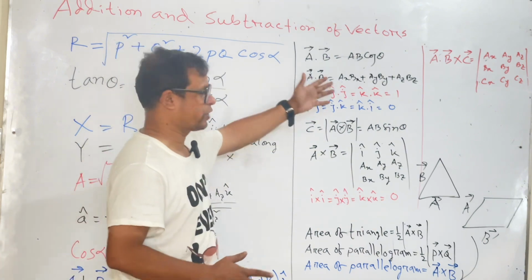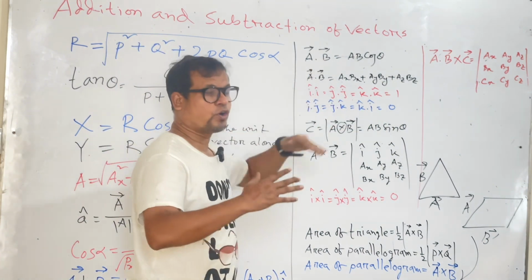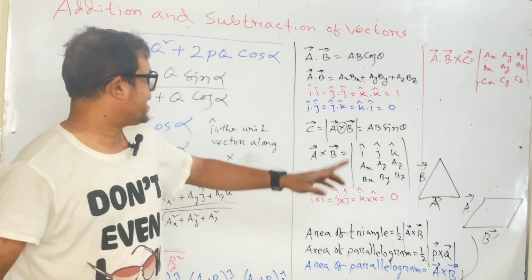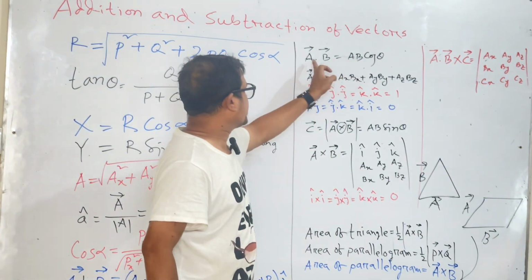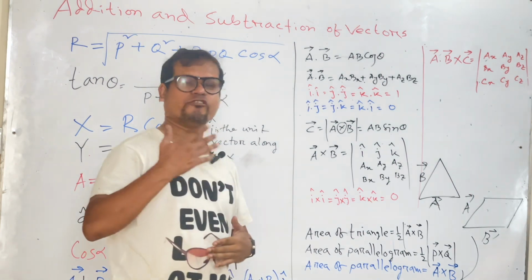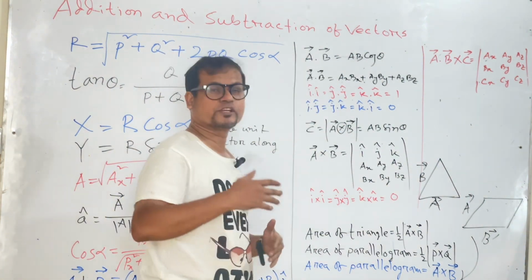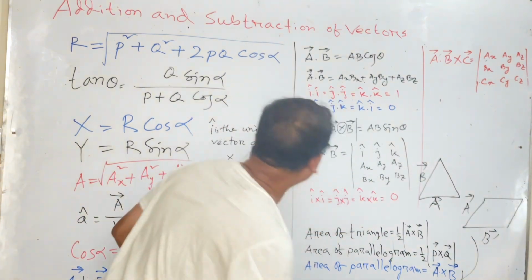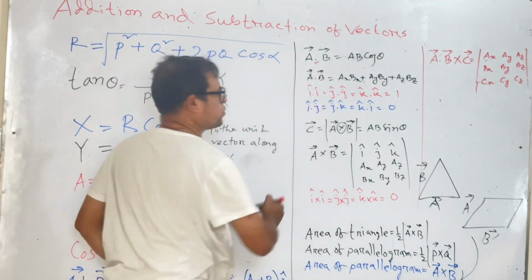Now the dot product: a vector dot b vector equals ab cos theta. Here a is the magnitude and b is the magnitude. The arrow sign means vector a and vector b, and this is the dot. Look at the whiteboard. That is what is called the dot product.